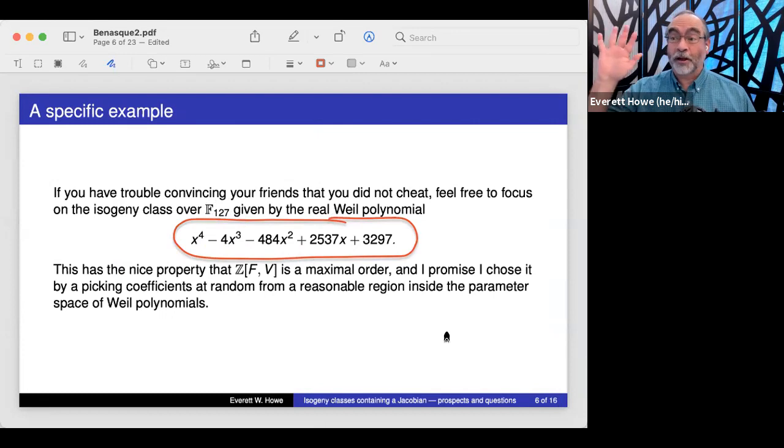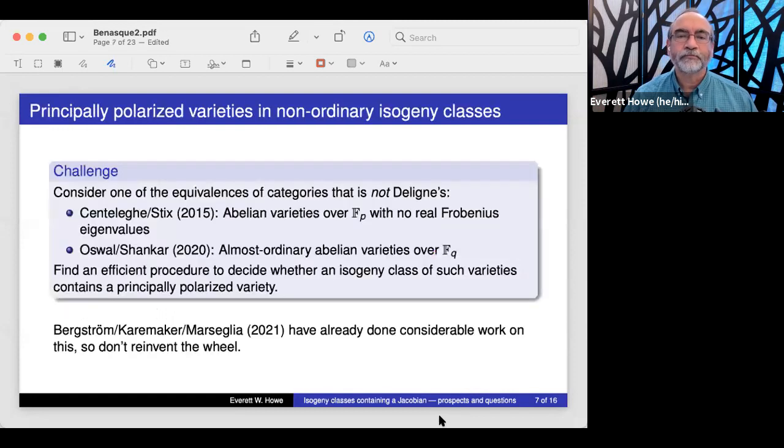And I promise, honest, that I chose it by picking coefficients at random from a reasonable region inside the parameter space of Weil polynomials. So the challenge question is: is there a Jacobian with that real Weil polynomial? I would be interested if someone could answer that.